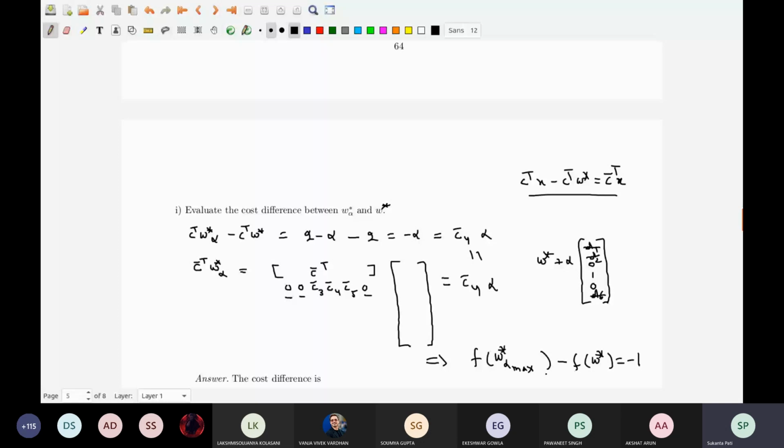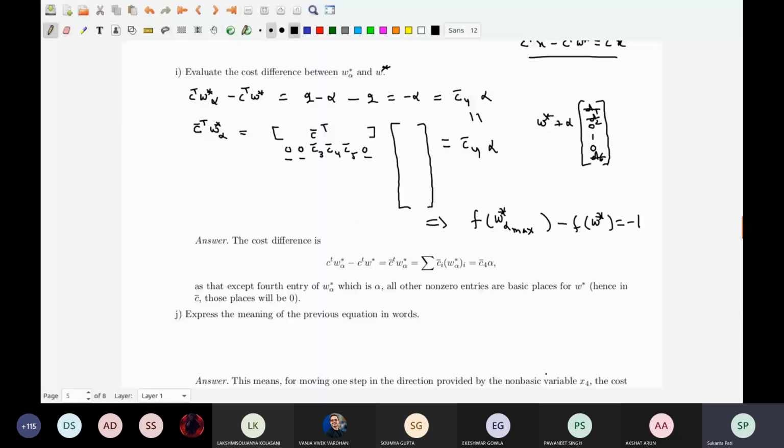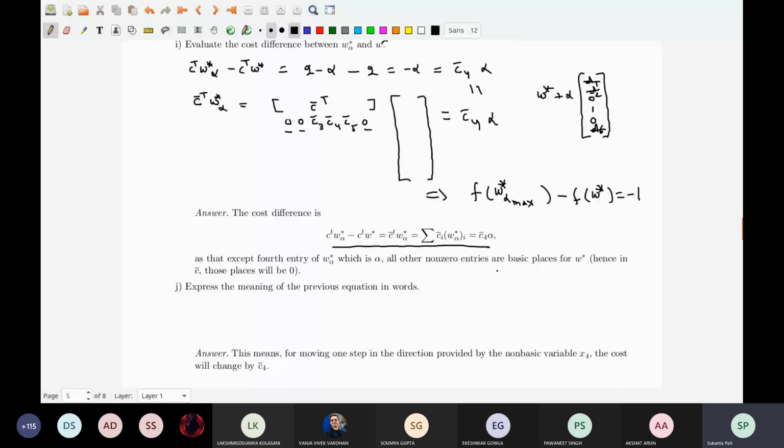The meaning of this particular equation that you are seeing, C transpose W star alpha minus C transpose W star is equal to C bar 4 alpha, is that for moving 1 unit in the direction provided by the non-basic variable x4, the cost will change by C bar 4, whatever it is.